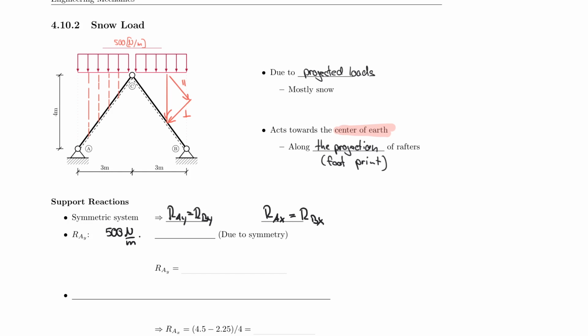Now be careful, multiplied by 3 meters, that's all that comes down, times 2. But each RAY and RAX is also sharing the load, so times 1/2. So this of course cancels out. And that is also equal to RBX. Ultimately, RBX and RAX are equal to 1.5 kilonewton, as that is the load that the snow produces on each side of the roof.